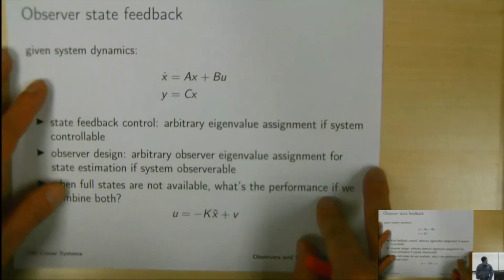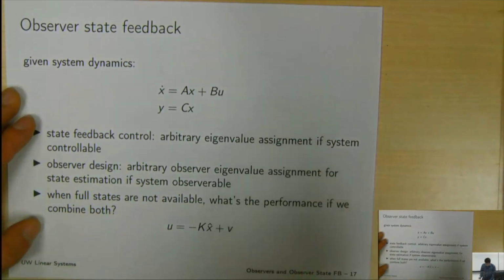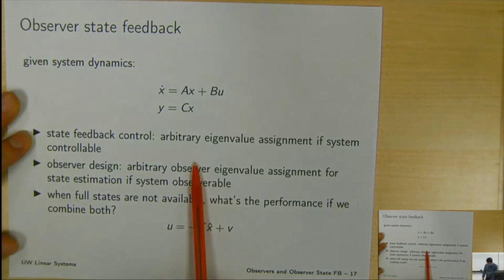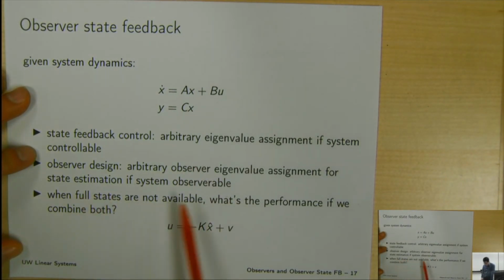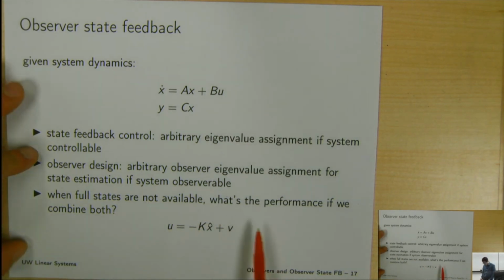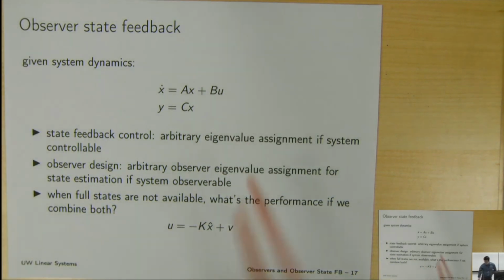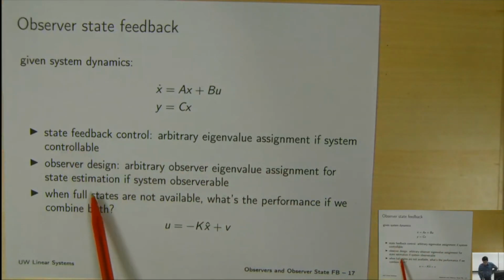As a quick overview, this is for the problem, for the case when the full state are not available, and we want to figure out what is the performance we can achieve by combining state feedback and then observer design technologies.